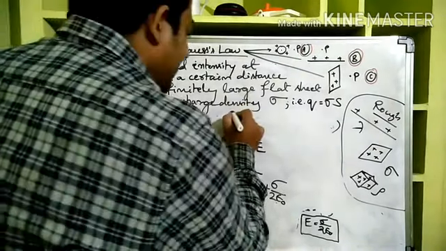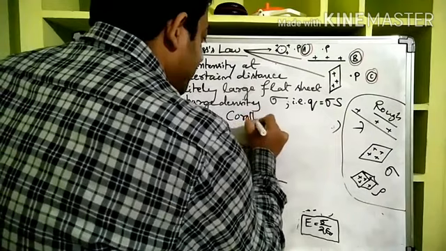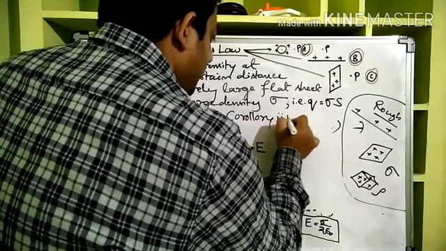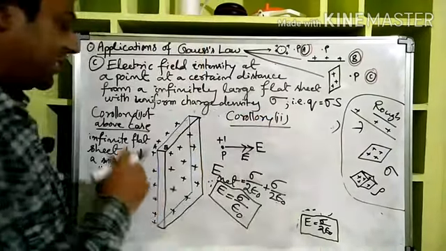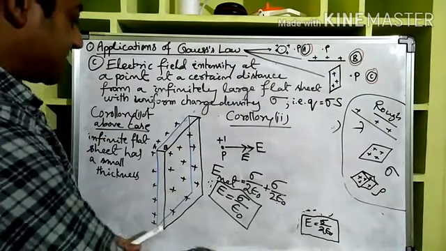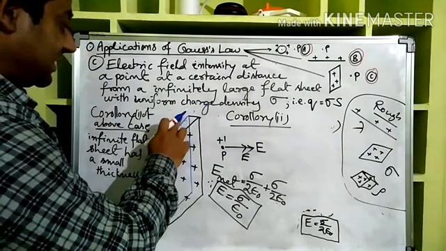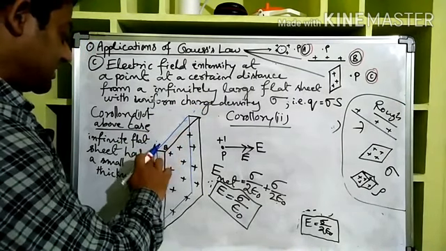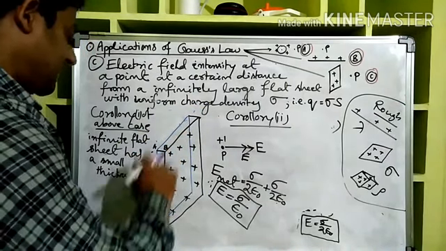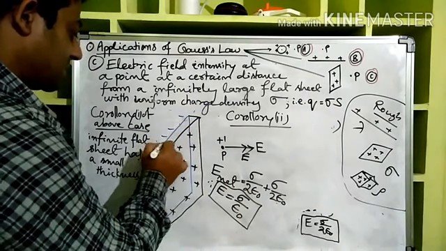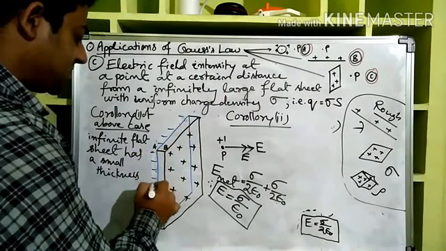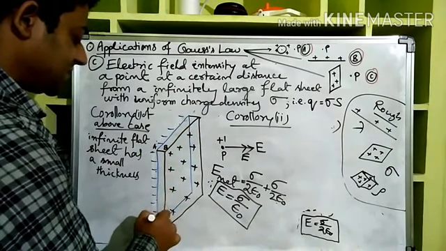Then there can be another corollary, which is similar. Here both sides are charged by induction. That means if one side is plus, the other side is minus: one side is positively charged, the other negatively charged.